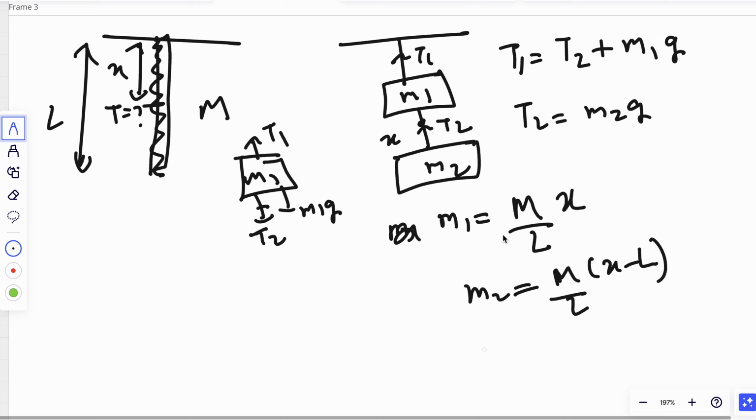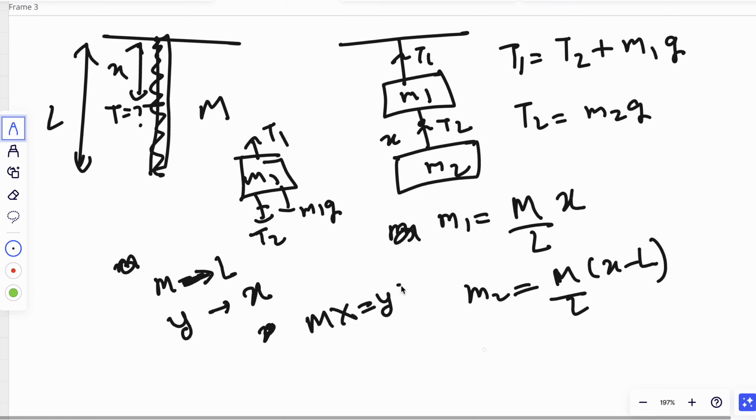Now some people are not able to get an intuition about how I got this. It is mass per unit length, the mass of a minute section, stretched over the entire length x. So m by l gives the mass of one unit, and you stretch it across x. In a general way, m is the mass of length l. If I need the mass y of a distance x, then m x is equal to y l. So y is equal to mass per unit length into x.